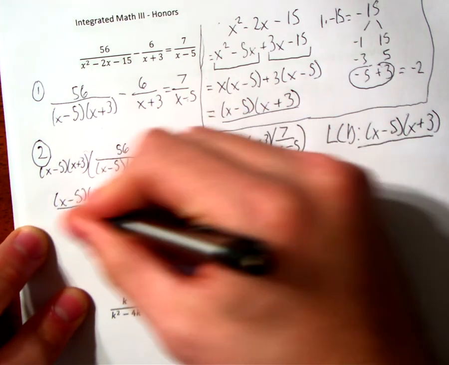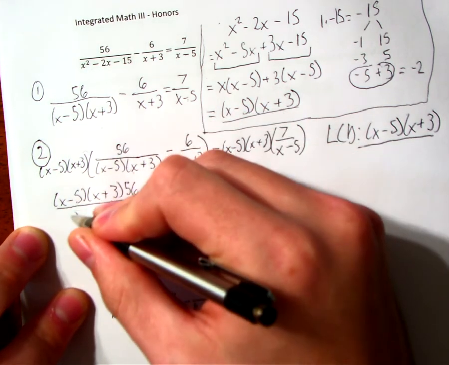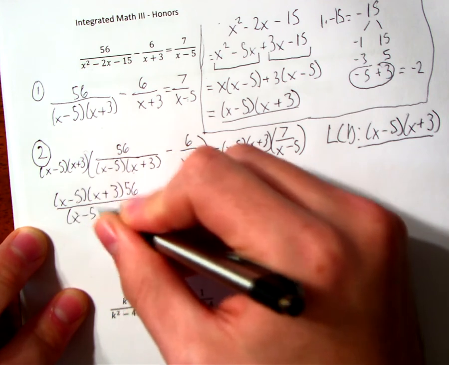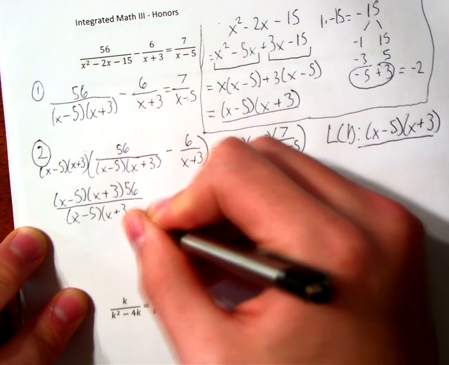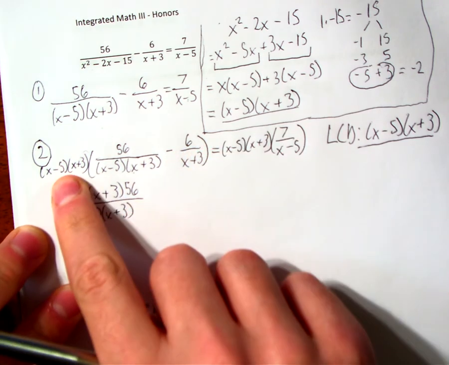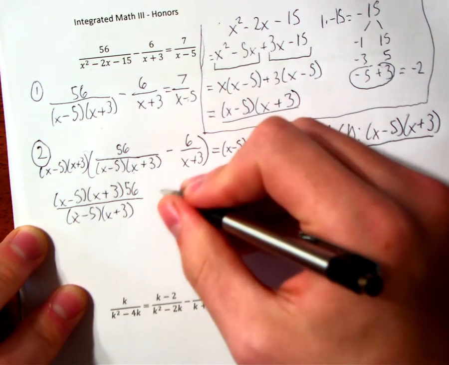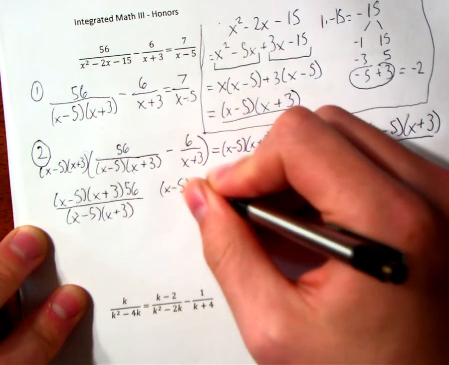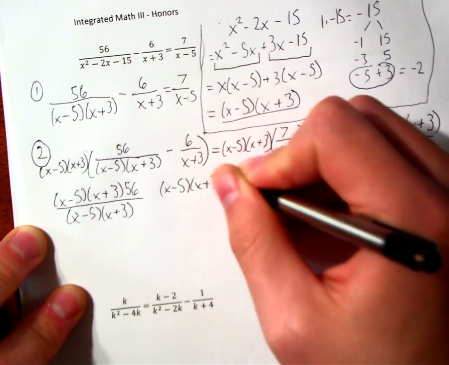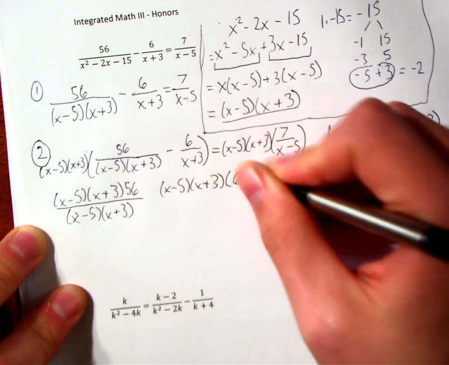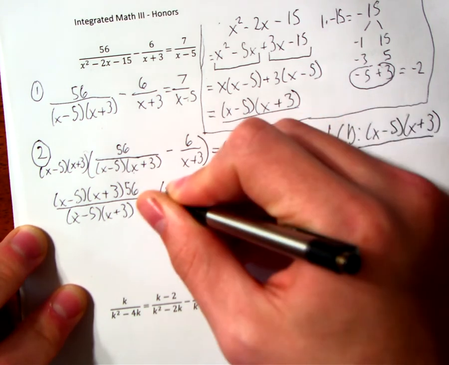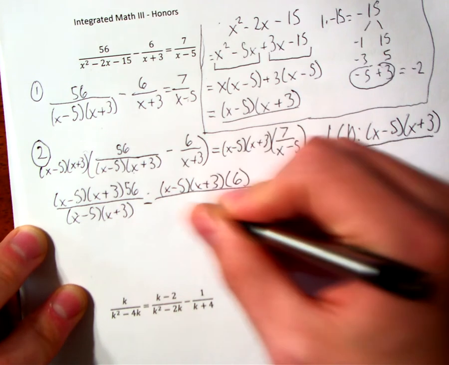Remember, it multiplies just by the numerator. It leaves the denominator alone, x minus 5 times x plus 3. And then it also is going to distribute into the second rational expression, so I've got x minus 5 times x plus 3 times 6. And I'm subtracting these two rational expressions, right?